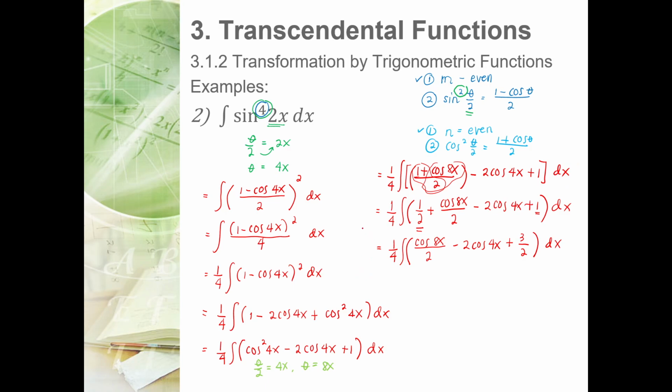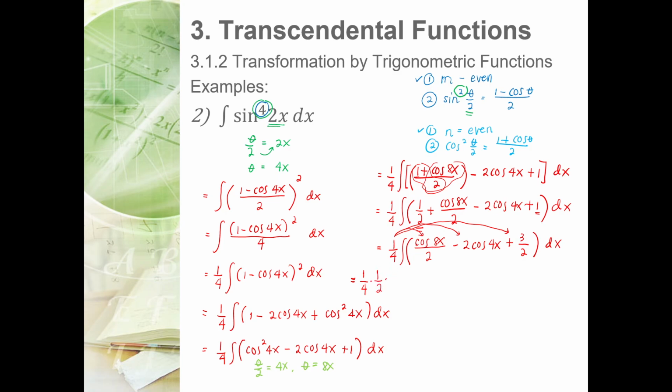Okay. So integrating, let me place it on one line, because I think it's a very long equation. So 1/4. Again, don't forget to multiply the constant term to each integration. So 1/4, then we have a 1/2 here.